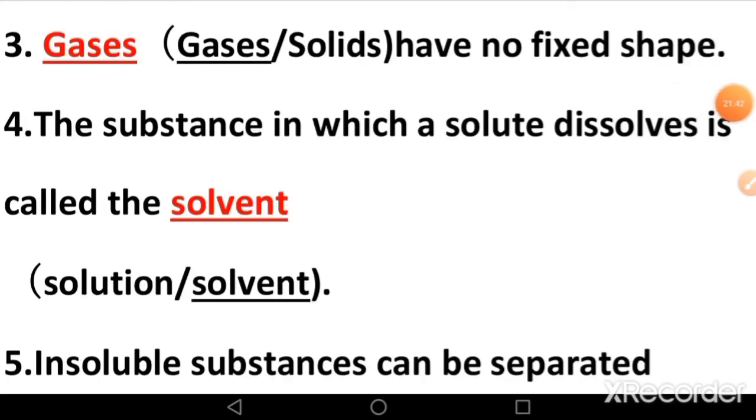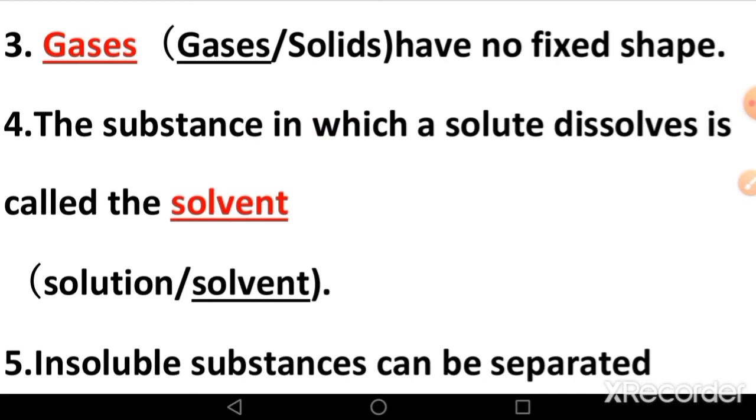Third, fill in the blank. Dash have no fixed shape. Options are gases and solids. The answer is gases, because gases are substances in which the particles are very loosely packed, and as particles are very loosely packed, they do not have a fixed shape, and unlike liquids, they occupy all the available space in a container.